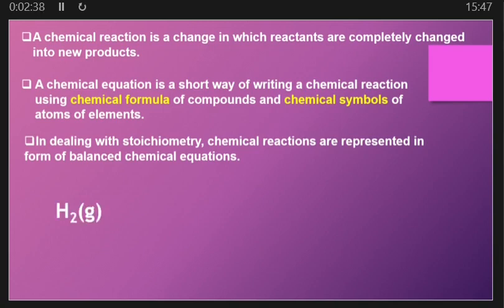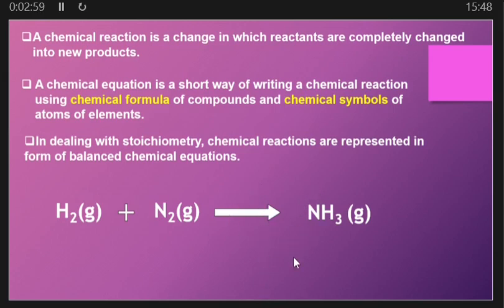For example, if we have hydrogen gas reacting with nitrogen gas to form ammonia gas, we must ensure that the amount of hydrogen atoms on the left side of the equal sign equals the amount of hydrogen on the right side of the equal sign.